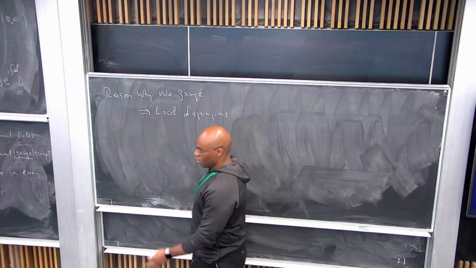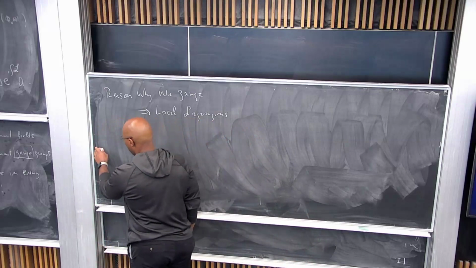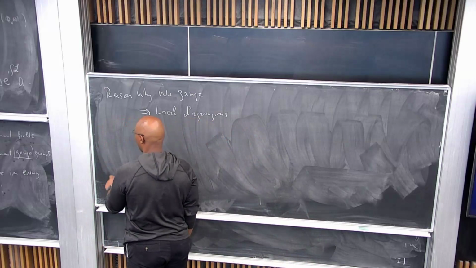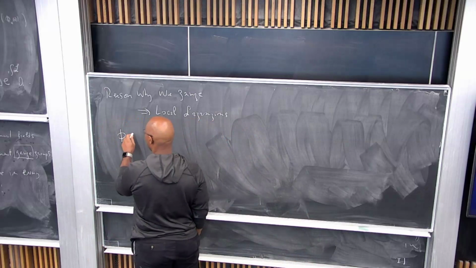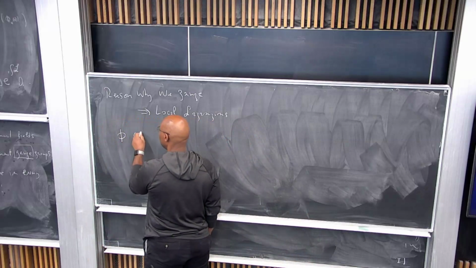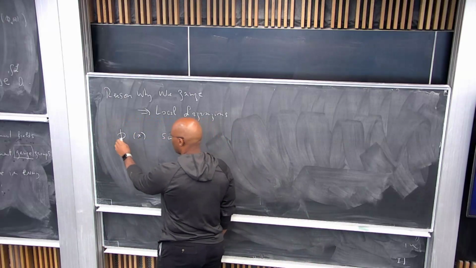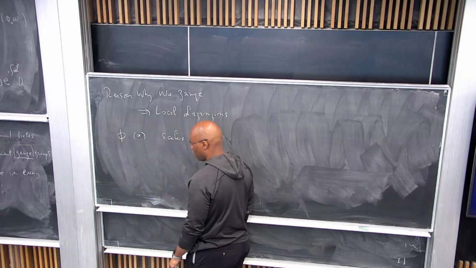Okay, so let's talk about simple examples. Before we left last time, I was just trying to write a list of the typical fields that we use. We use scalars, for example. So these are fields that are invariant under Lorentz transformations.